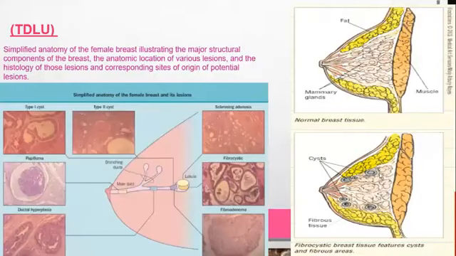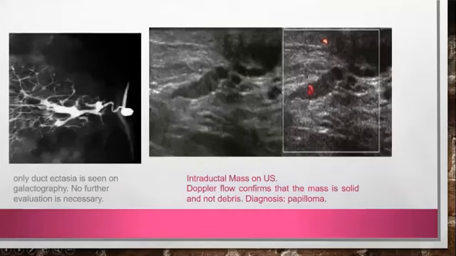Here at the level of the terminal duct lobular unit, this is a normal one, while this here is a cyst. These are examples of different types of pathology, while papilloma usually arises in the main ducts, and ductal hyperplasia is also a ductal lesion, but fibrocystic change, fibroadenoma, sclerosing adenosis, and DCIS are at the level of the terminal duct lobular units.